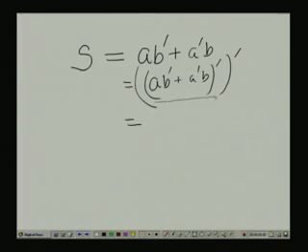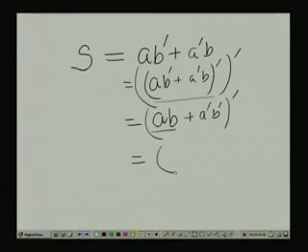If I compute this, it is nothing but XNOR, and we know that 2 input XNOR is A B plus A dash B dash, complement of that. Now see, this A B is my C, the carry, and this is A dash B dash and complement of that.